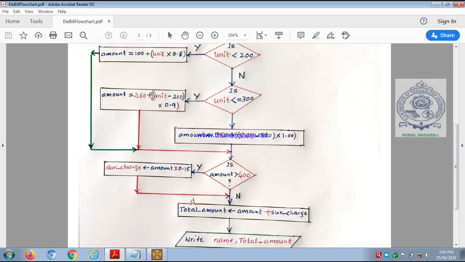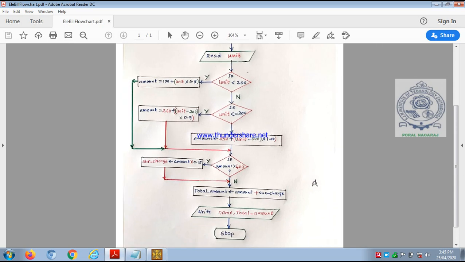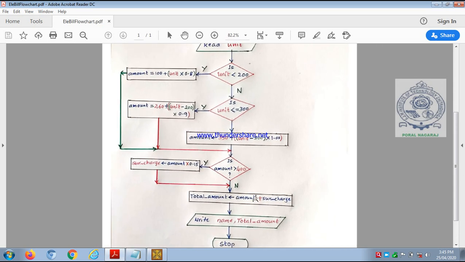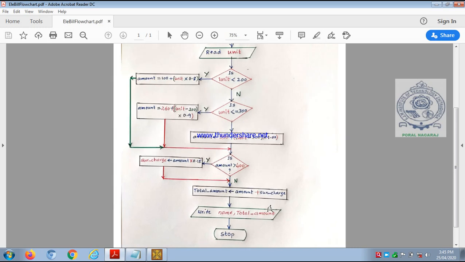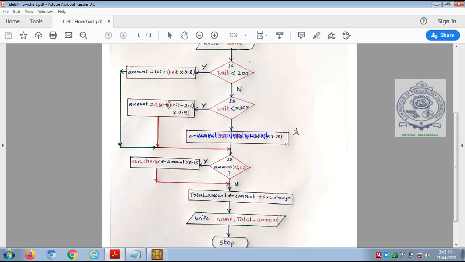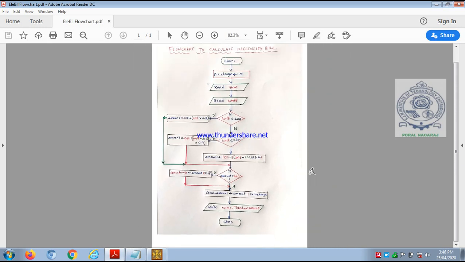No. No means total amount is equal to amount plus surcharge. We computed 260, plus surcharge, and surcharge was already initialized as 0. So 260 will be your total amount, and write name comma total amount. That's what we observe.